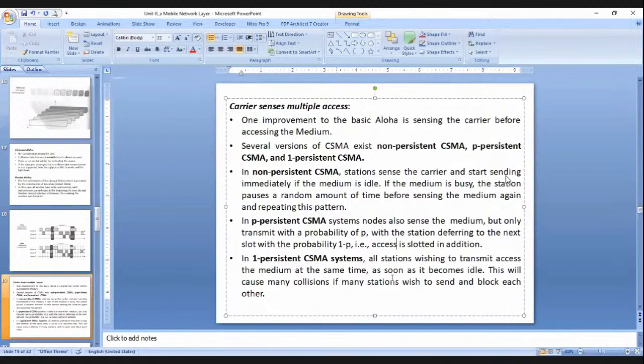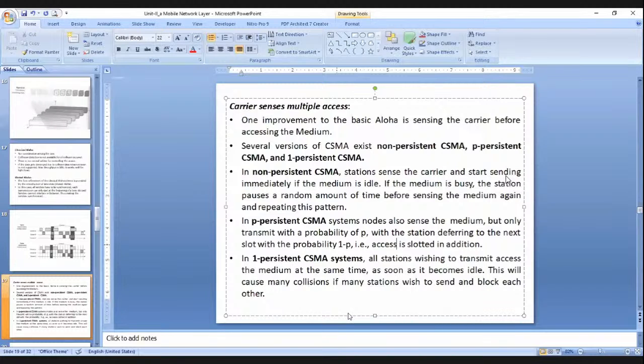All the media will be open for all the stations when a particular channel is idle. If it is idle, all the other stations will be activated, and any of the stations can use this particular channel. So this will cause many collisions if many stations wish to send and block each other.